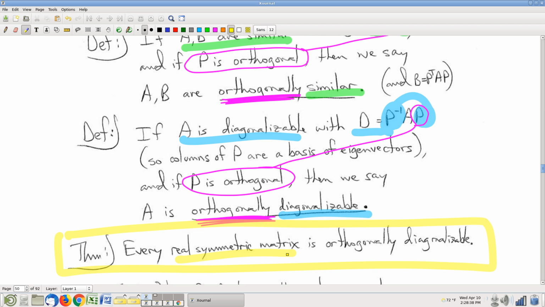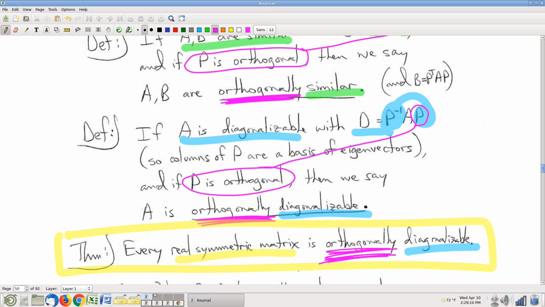Are there many missing eigenvectors, or do we get, fingers crossed, the maximum possible number of eigenvectors? What this theorem is saying is yes, you get the maximum possible number. A real symmetric matrix is diagonalizable. And since we already know the eigenvectors are orthogonal, the real symmetric matrix is orthogonally diagonalizable.